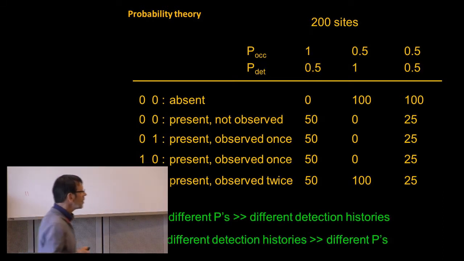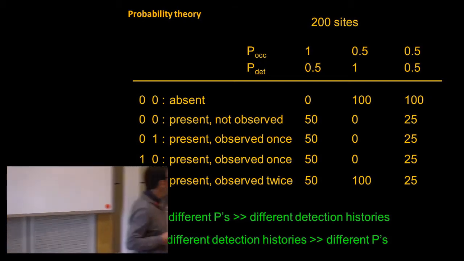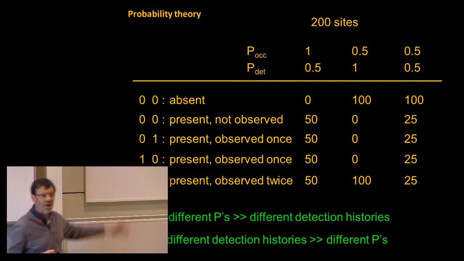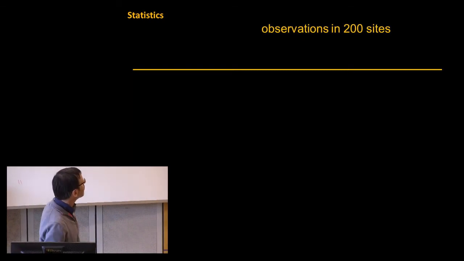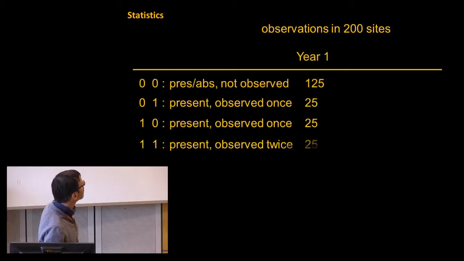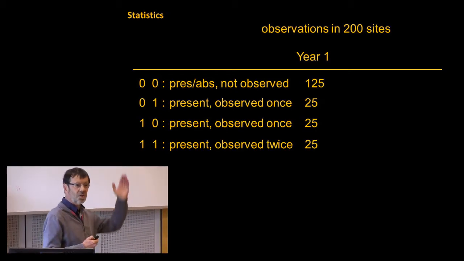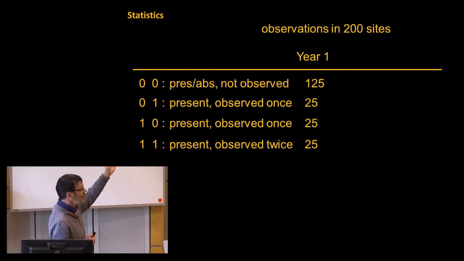And here's the important part: you can also do it the other way around. When you know your detection histories, you can infer your occupancy and your detection from there. So this is my last slide about the occupancy quick course. Suppose you have this. This is statistics, so this is a real observation.